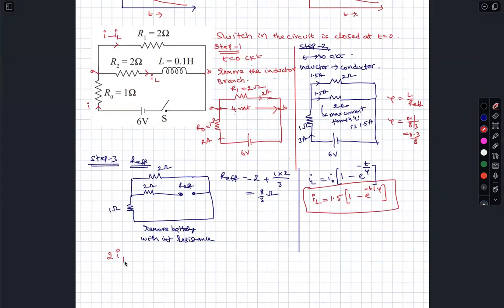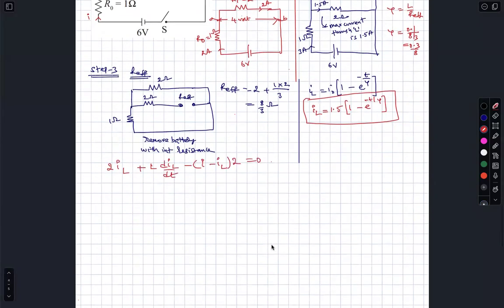2 times IL plus, okay, what is the potential drop across this? L dIL by dt minus (I minus IL) times 2 is equal to 0.